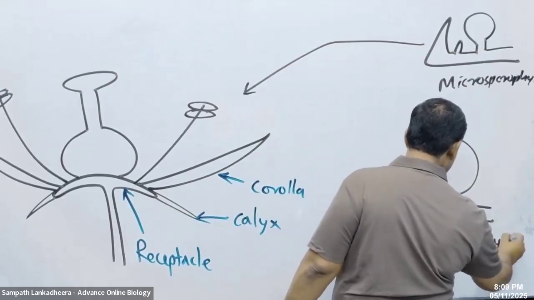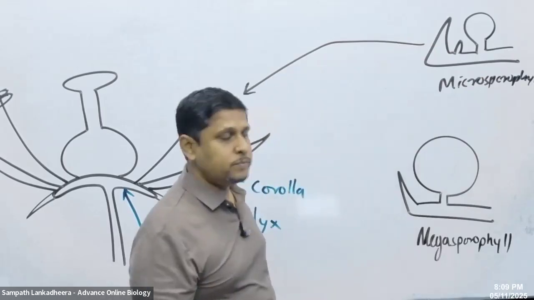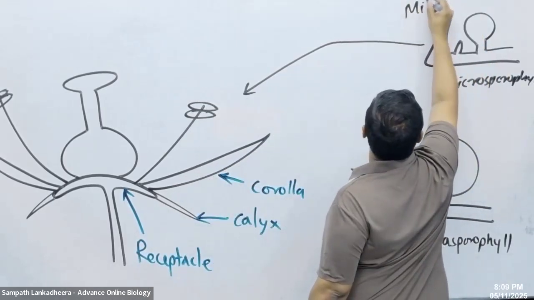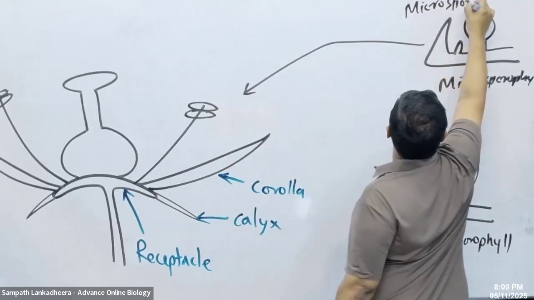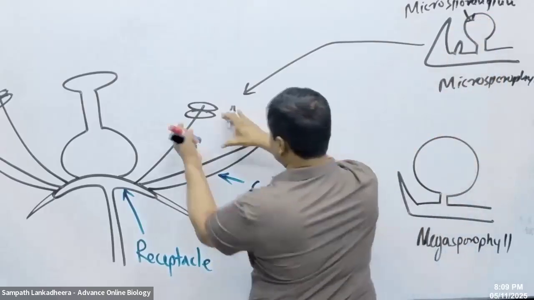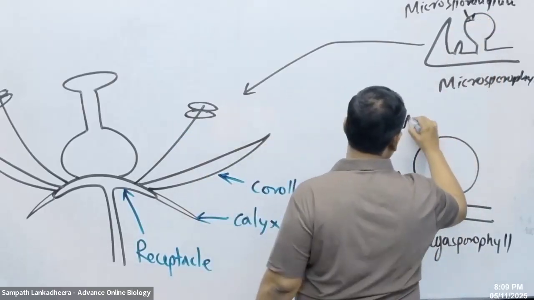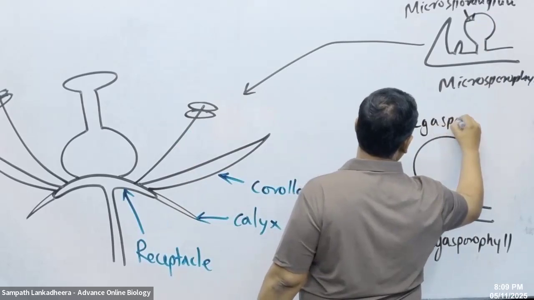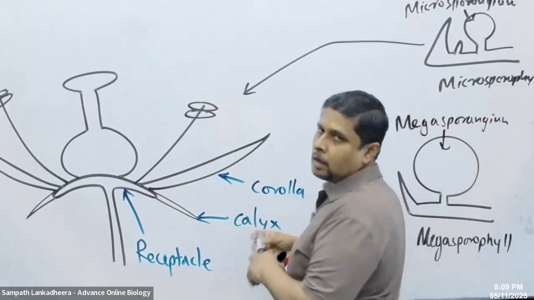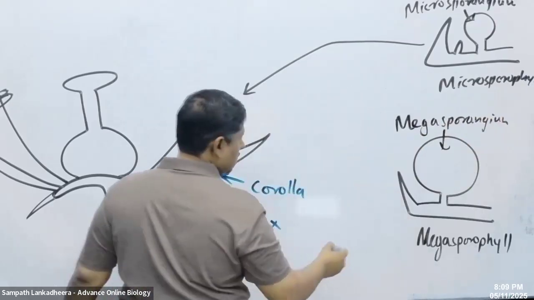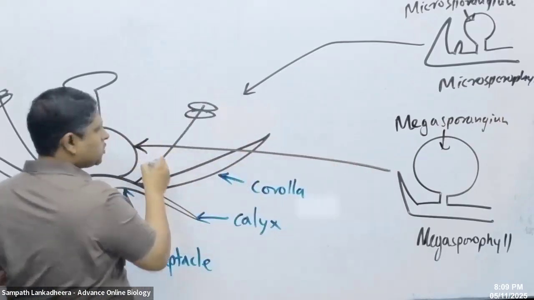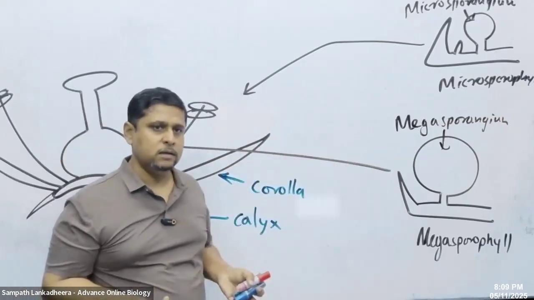So this is the microsporophyll, and this is the microsporangium. The microsporangium has turned into the anther, and the megasporangium has turned into the gynoecium, right, people?